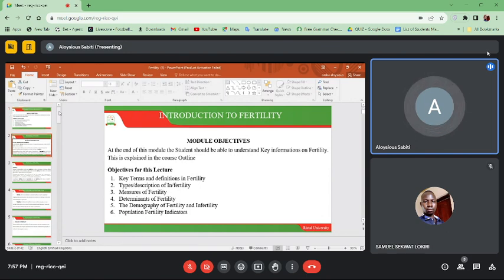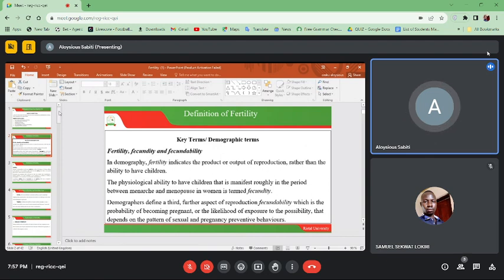So we just want to go and look through the key demographic terms in fertility. In demography, fertility indicates the product or the output of reproduction rather than the ability to have children.